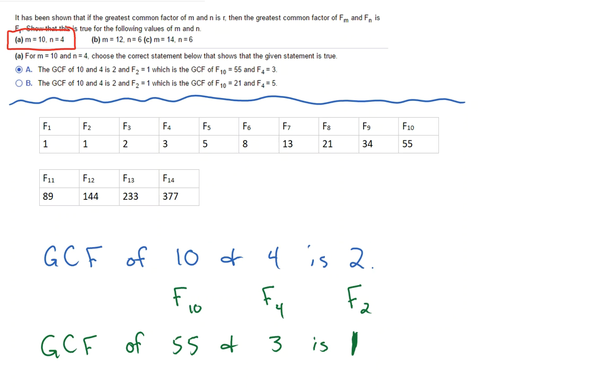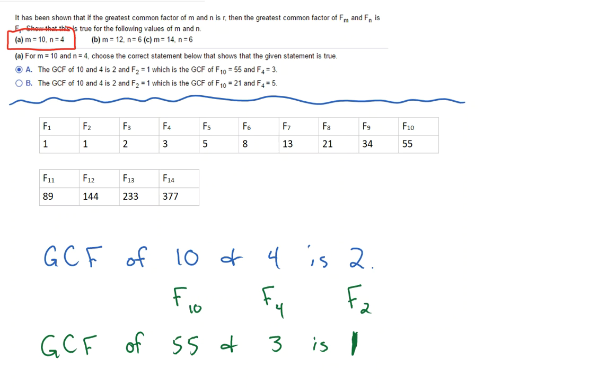Now let's look at our options that were given up here to understand what they're asking us to do. Okay, so first of all, there's no difference between the first statement and the second statement for the first part. So that part, you really have no options. The options come with the last part of the sentence.